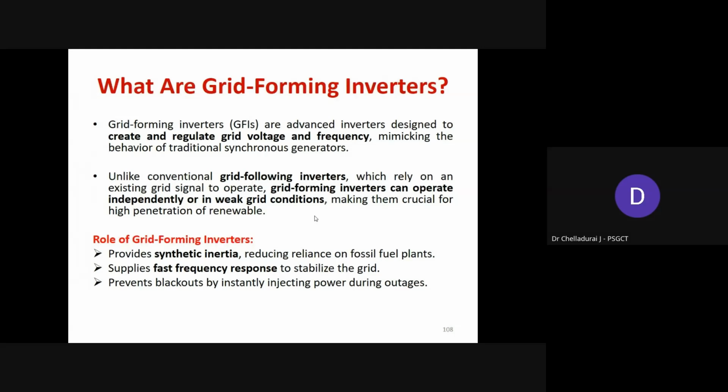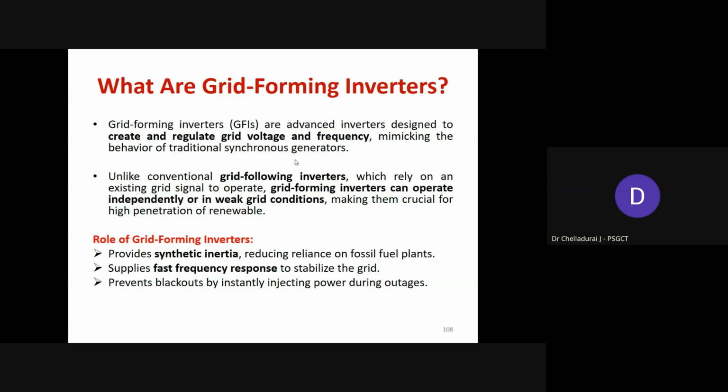So the recent trend is, with the help of a high-end control algorithm and a battery charging system or battery storage, with a high-end control algorithm of inverters, we can increase the penetration of renewable energy power into the grid up to 100%.